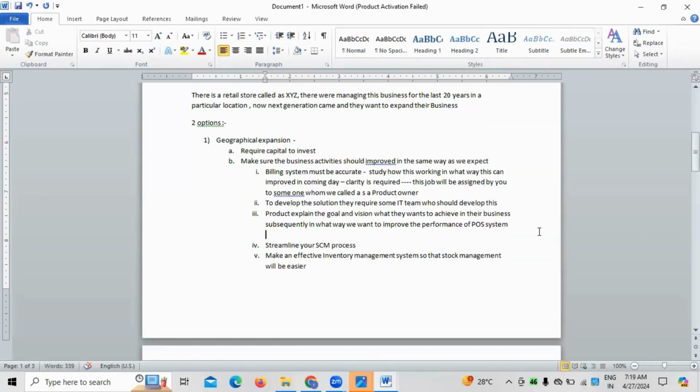Generally, just by way of explanation, it won't be sufficient. What is it that we have to do? The product owner should explain visually.